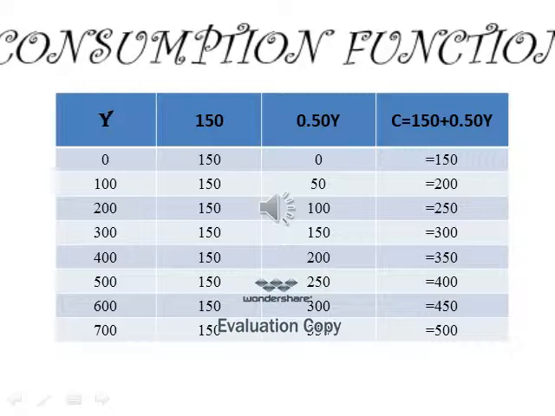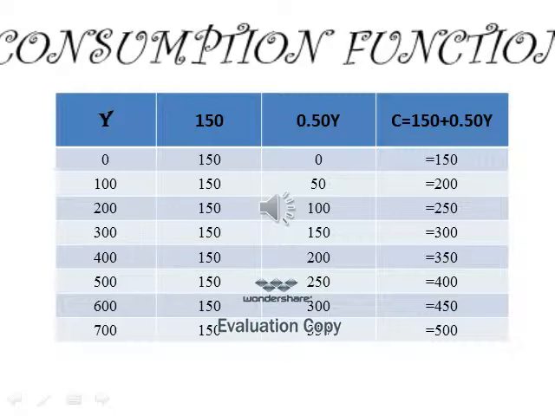In the table, Y is represented by national income. 150 is the constant. 0.50Y is 50% national income. C equals 150 plus 0.50Y, which is the consumption function, which means consumption function equals 150 constant plus 50% of national income.